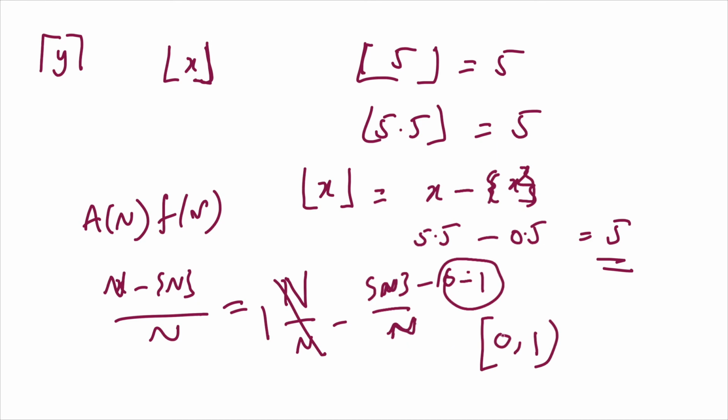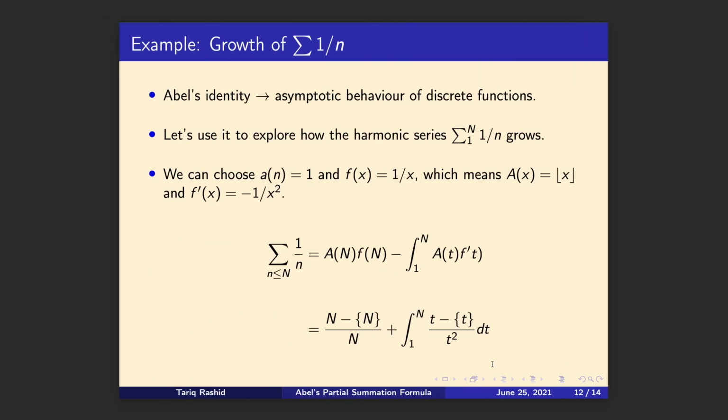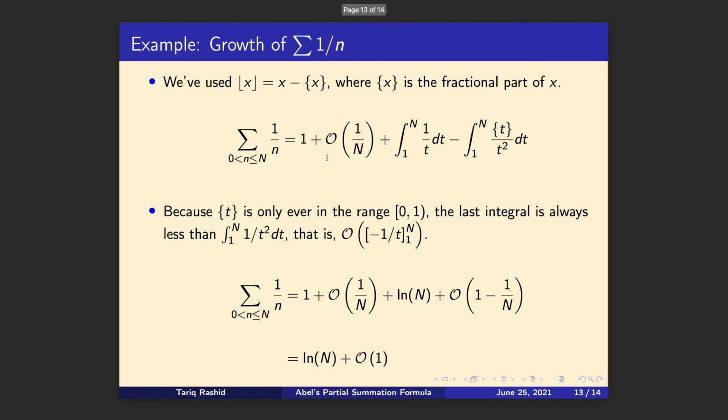And as n gets larger, it's more likely to be small, but that's the range it will always be in. It can never be more than 1, and we're going to use that. It's of the order of 1 over n, because as n gets larger, the top bit will never be more than 1 and the bottom is n, so it's of the order of 1 over n.